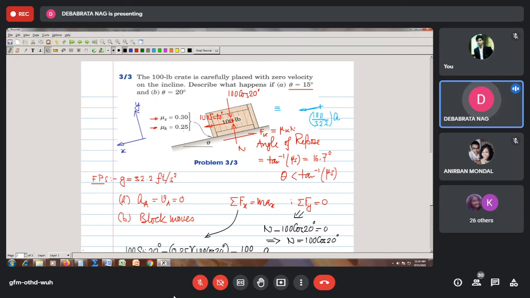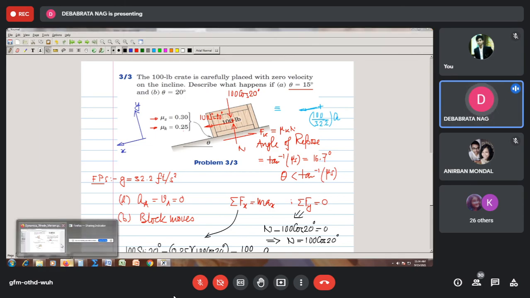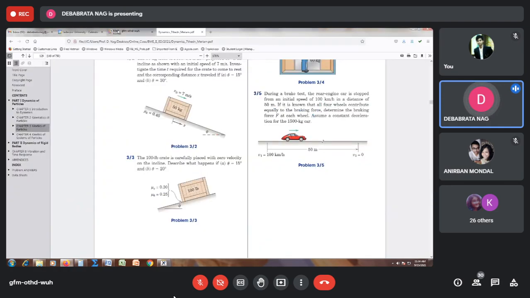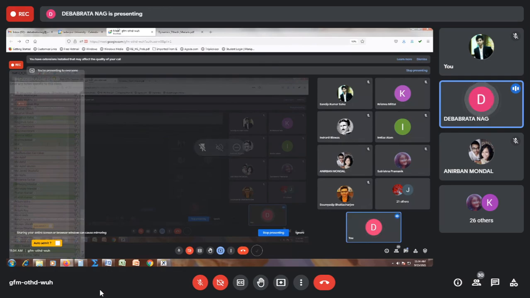So dear students, we stop here today in this class. When we meet again next day, further discussion will be done on particle kinetics, and no theory, it will all be problem based, because we have almost completed the theory of particle kinetics.